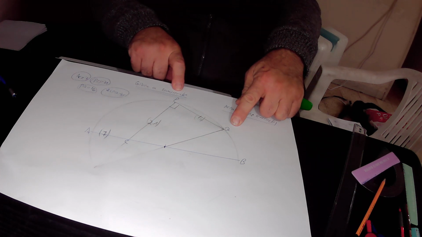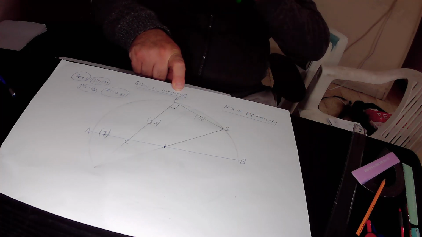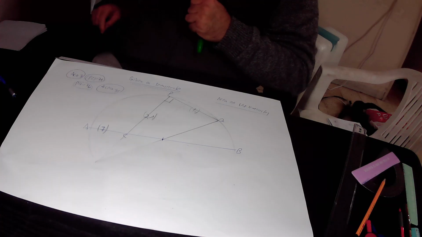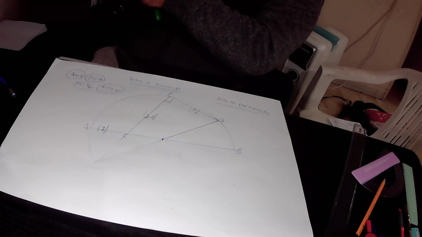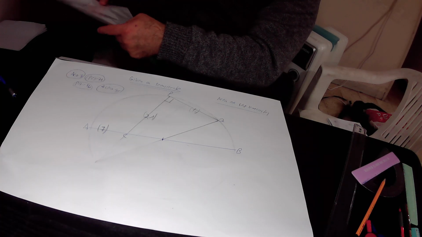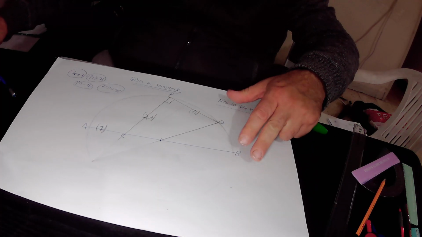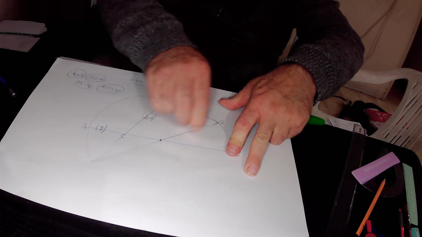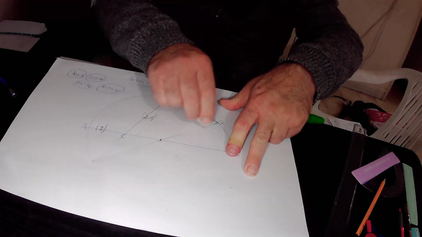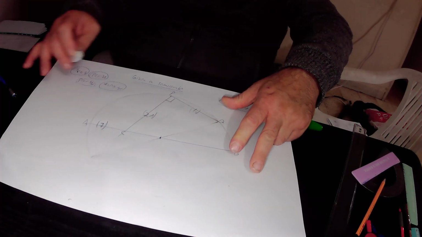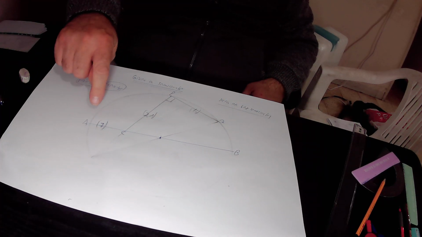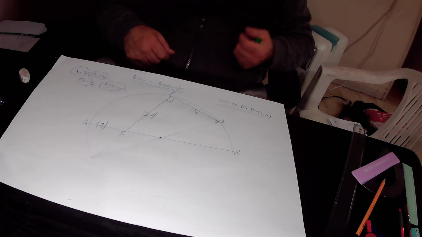This is line segment PQ, which equals 16 units in length. Our task is to find the area of this semicircle APB.